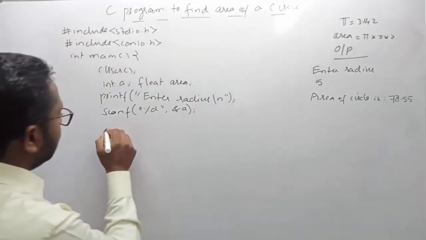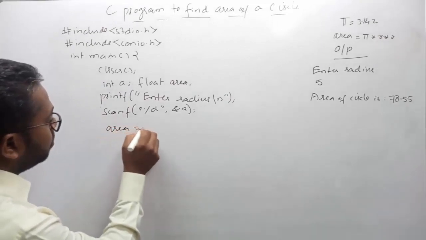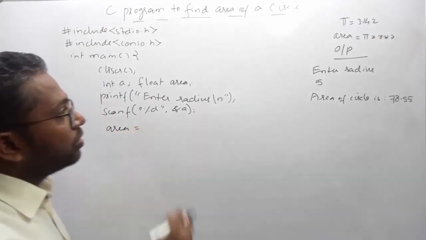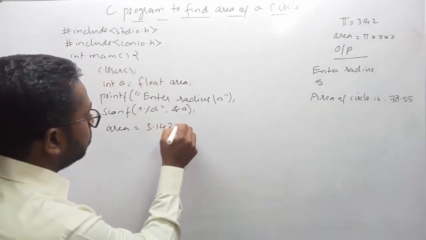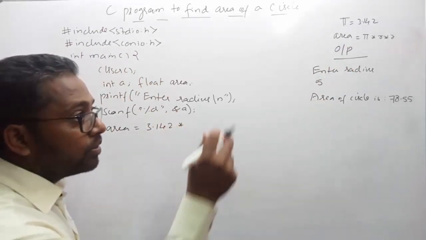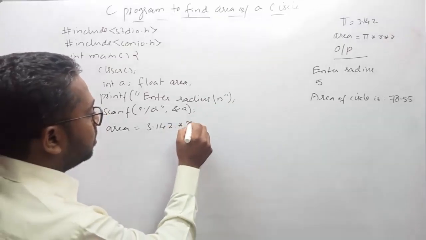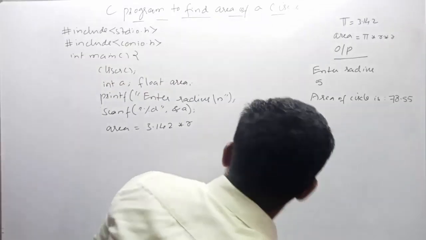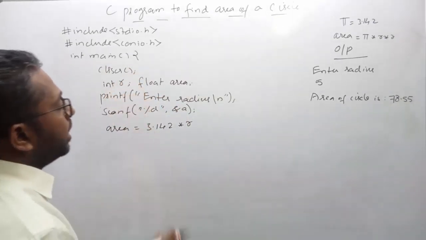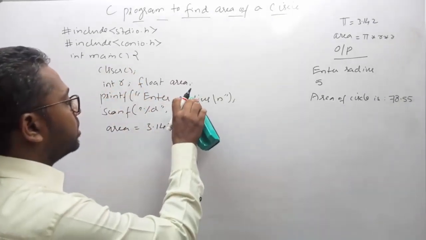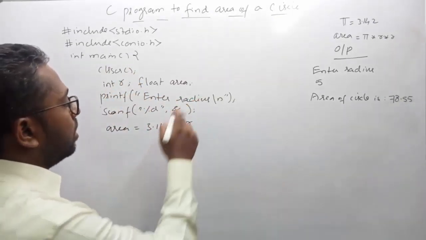Next, area is equals to, the value of pi is 3.142 into the value of r. Yes, this should be r, and this also should be r.